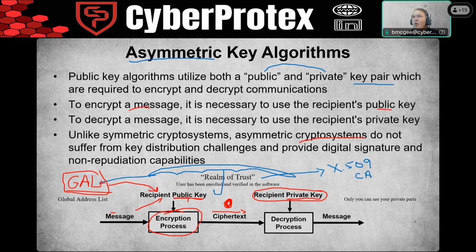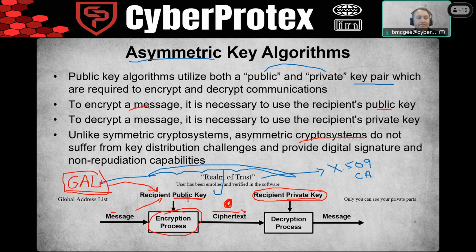We have to use the crypto system in order to encrypt. We can't just willy-nilly use something and expect the other person to use something. They have to be in that realm of trust, which is typically through software. That's usually how I explain it.